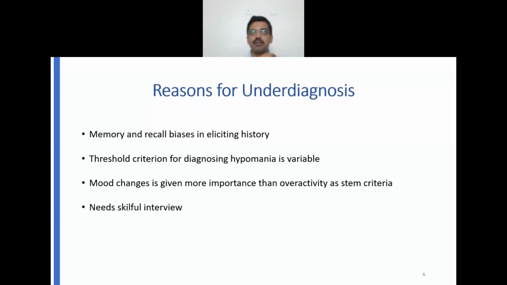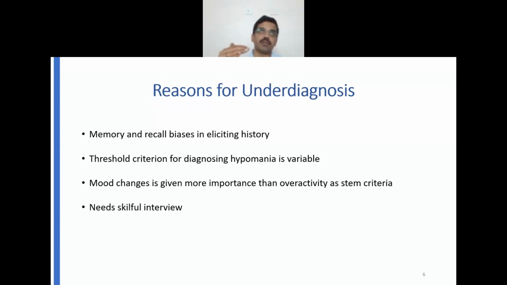So often, particularly in the context of hypomania, it becomes a really tough task to clearly elicit a discrete period of hypomania. At times, after a patient has come out of a depressive phase into a phase of normalcy, he feels well, he feels relaxed, he feels joy, he feels hopeful.